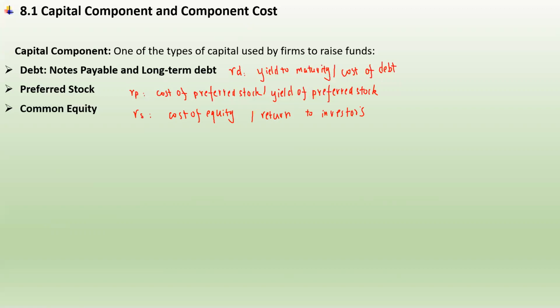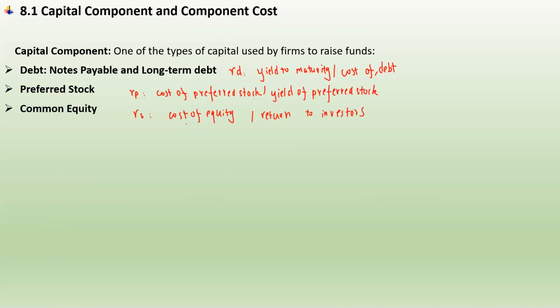Part of the capital is from debt, part from preferred stock, and part from common stock. Then you have a lot of costs: the cost of debt, which is the cost to use debt capital; the cost you have to pay to your preferred stockholders; and also the cost of equity, which is the cost to use the equity capital.